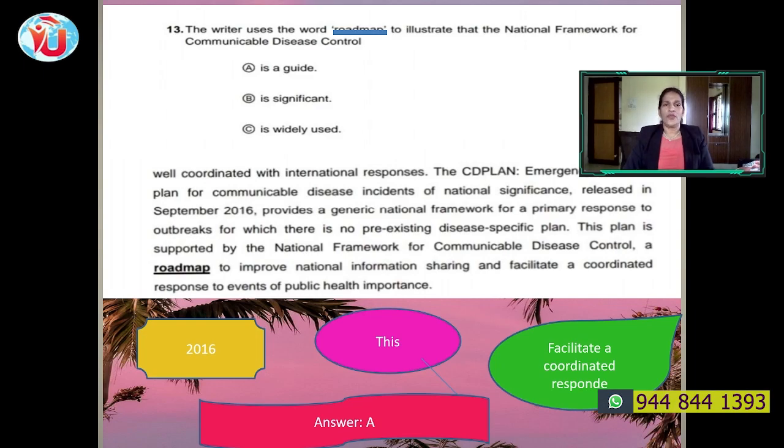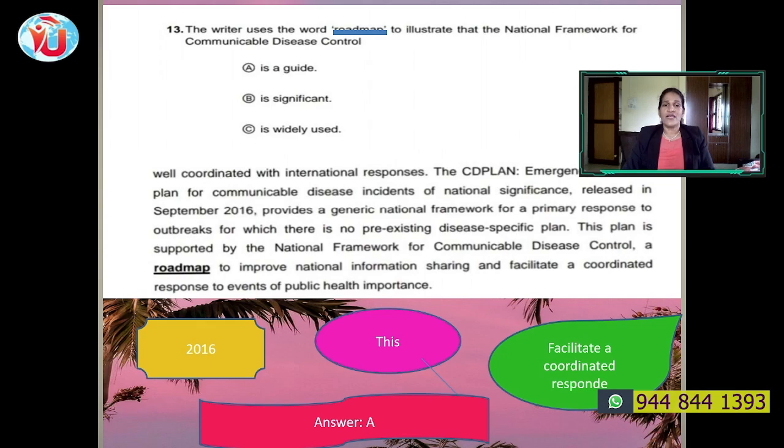Well coordinated with international responses, the CD Plan, Emergency Response Plan for Communicable Disease Incidents of National Significance, released in September 2016, provides a national framework for a primary response to outbreaks for which there is no pre-existing disease-specific plan. This plan is supported by the National Framework for Communicable Disease Control, a roadmap to improve national information sharing and facilitate a coordinated response to events of public health importance.